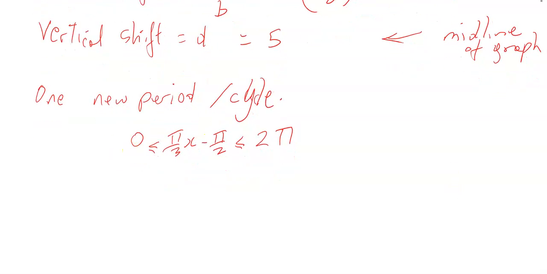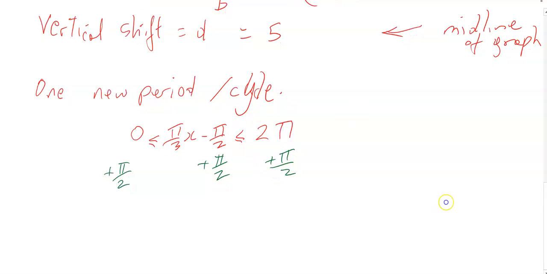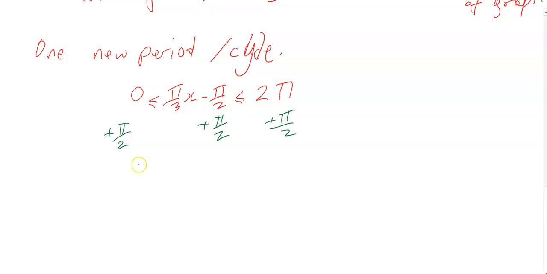We'll add pi over 2 to each part. And so what we have here is pi over 2 less than or equal to pi over 3 x, less than or equal to 5 pi over 2.